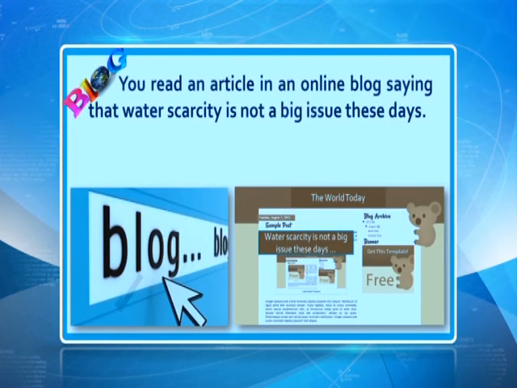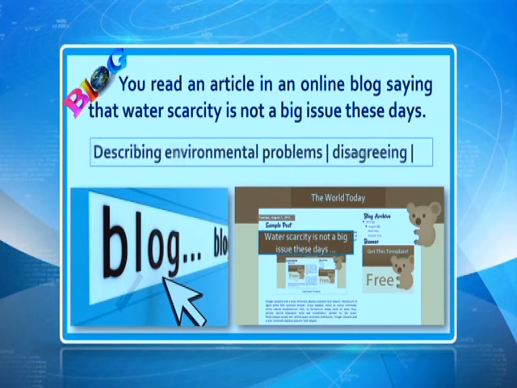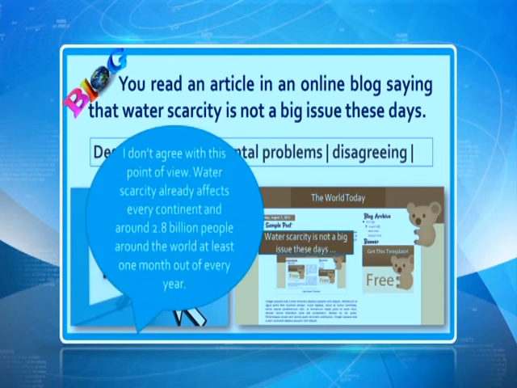Another situation, you read an article in an online blog saying that water scarcity is not a big issue these days. So, how would you react? You can describe the environmental problem. You can express disagreement. For example, you can say, I don't agree with this point of view. Water scarcity already affects every continent and around 2.8 billion people around the world at least 1 month out of every year.